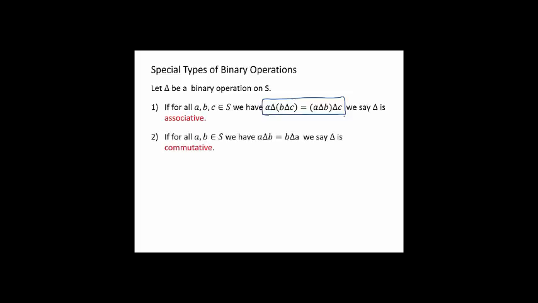And if A delta B is equal to B delta A, we say that the operation is commutative.